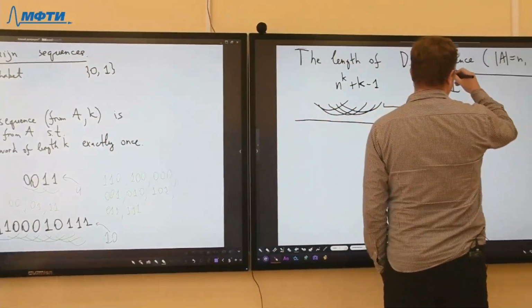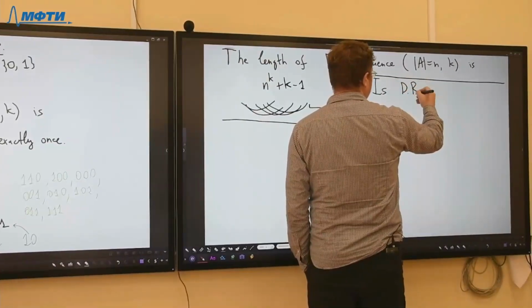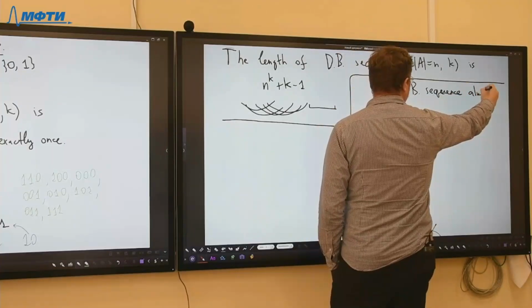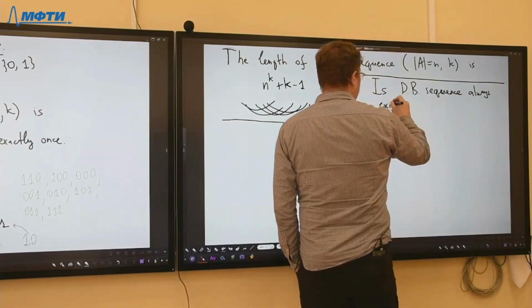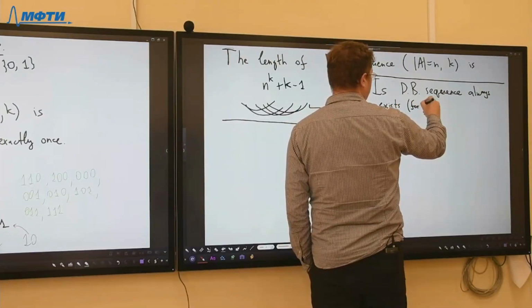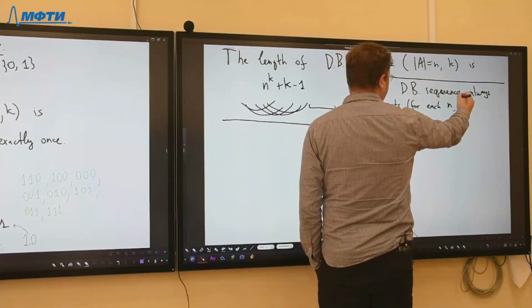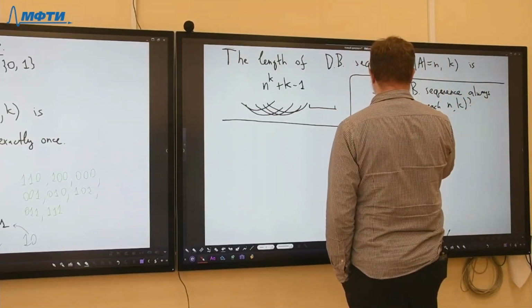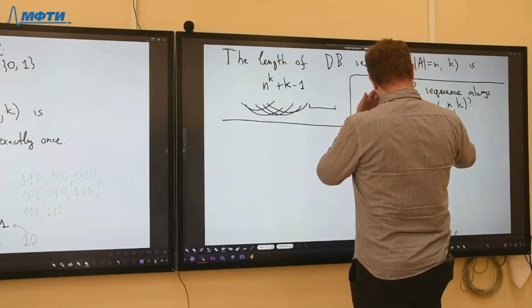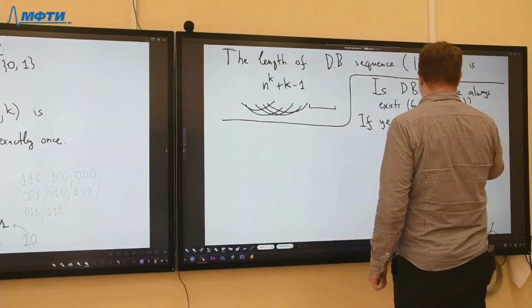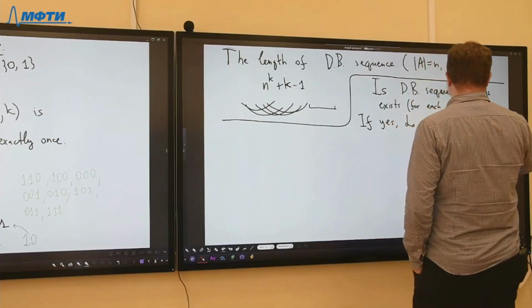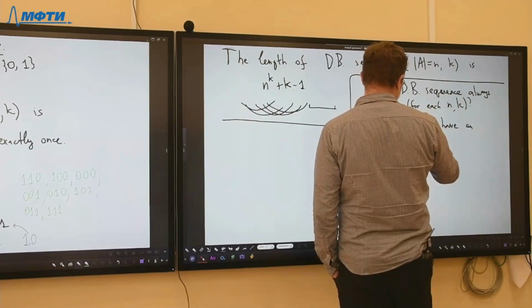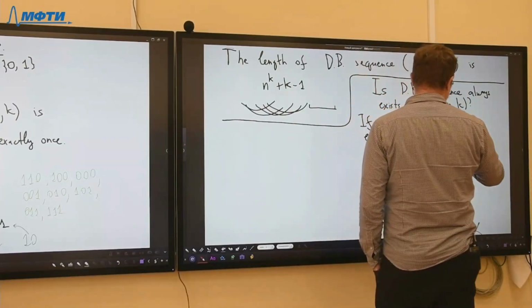So does the sequence always exist for each A and k, and if yes, do we have an easy algorithm to find it?